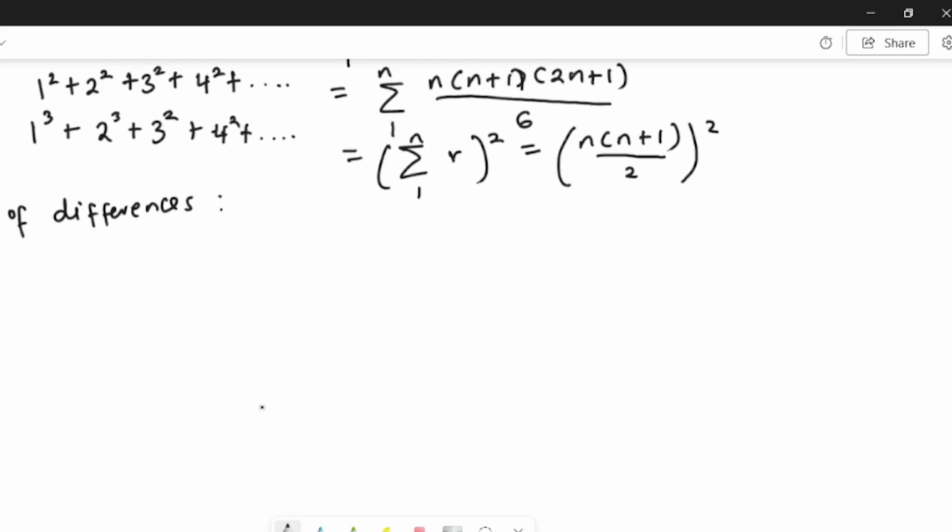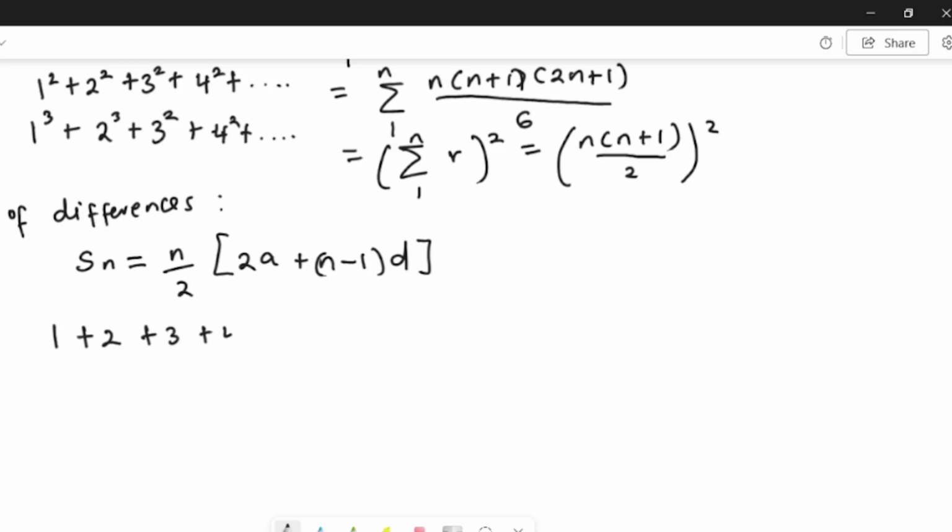Now, the formula for getting Sn, the sum of numbers in an AP, is n over 2 into 2a plus n minus 1 d. We have an AP here, and our first equation was of this form.